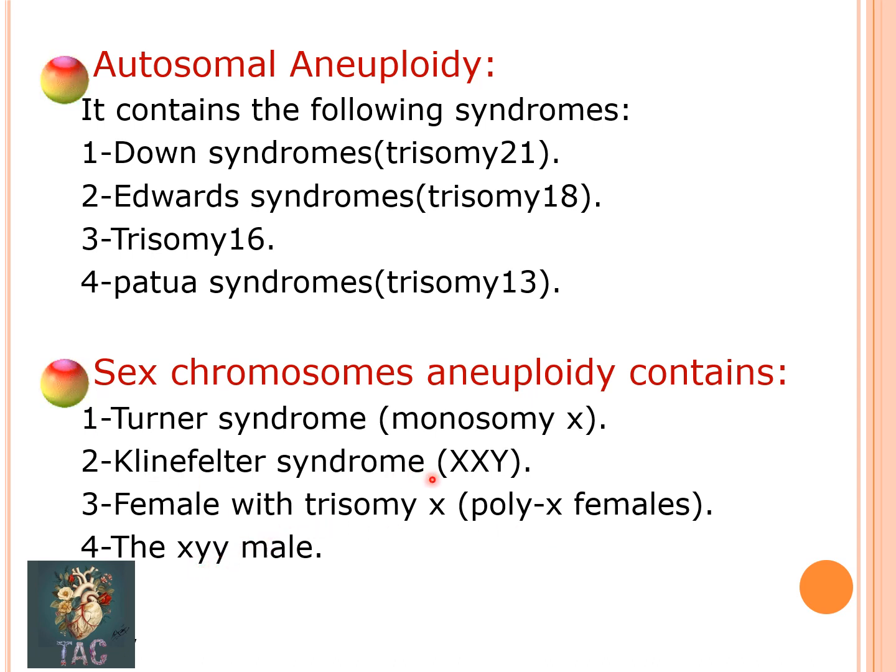XXY is called Klinefelter syndrome, triple X is also called super female, and then XYY males. So these are 4 different anomalies associated with the sex chromosomal aneuploidies, and 4 anomalies associated with the autosomal aneuploidies. We will discuss all of these one by one.